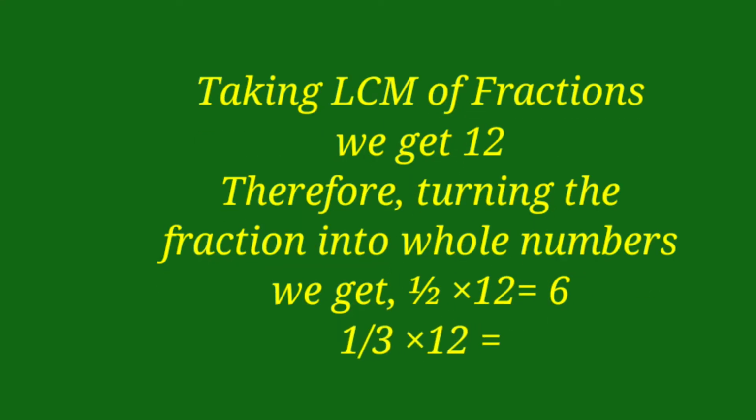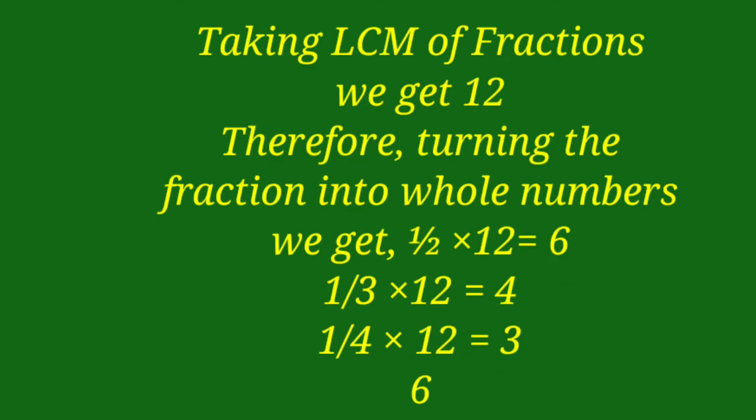Therefore, turning the fractions into whole numbers, we get 1/2 into 12, that is the LCM, that is 6. New ratios: the second one 4 and the third one 3. So the new ratios as whole numbers are 6:4:3.